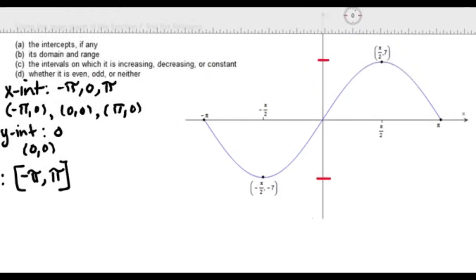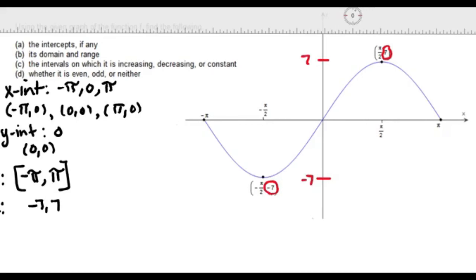And pay attention to what those y values are. So we have a y value of negative 7 and a y value of positive 7. And that's what I'm going to use for my interval notation for the range. My range will start at negative 7 and end at positive 7.